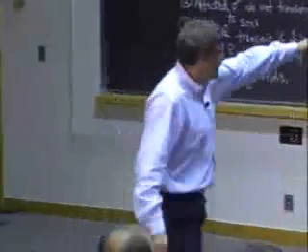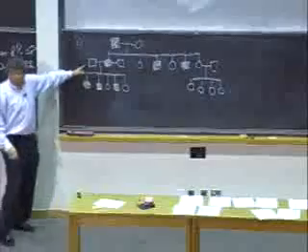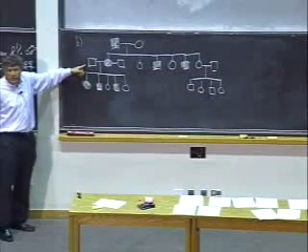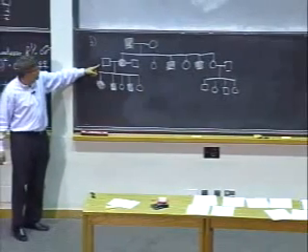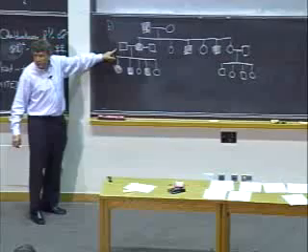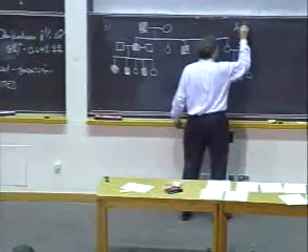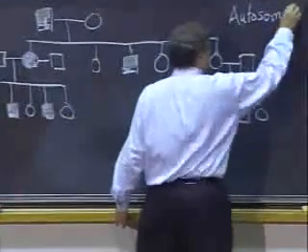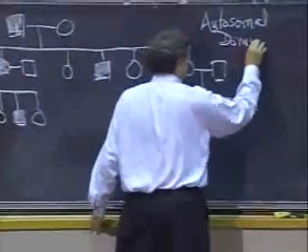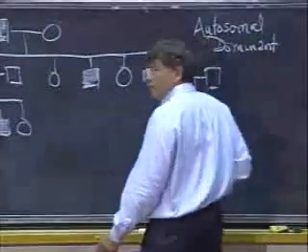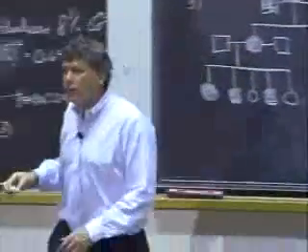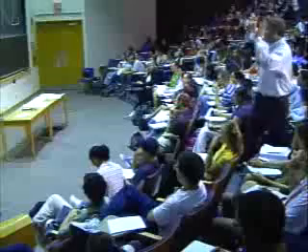Does this person have to be a carrier? What kind of transmission do you think? What kind of trait do you think this is? Dominant? Does this look like autosomal dominant to you? Because not all of the kids have that trait. Not all the kids have the trait in the first generation.